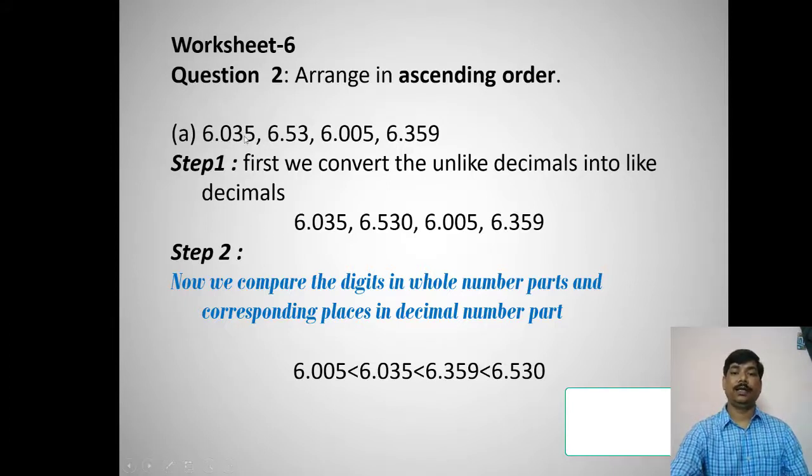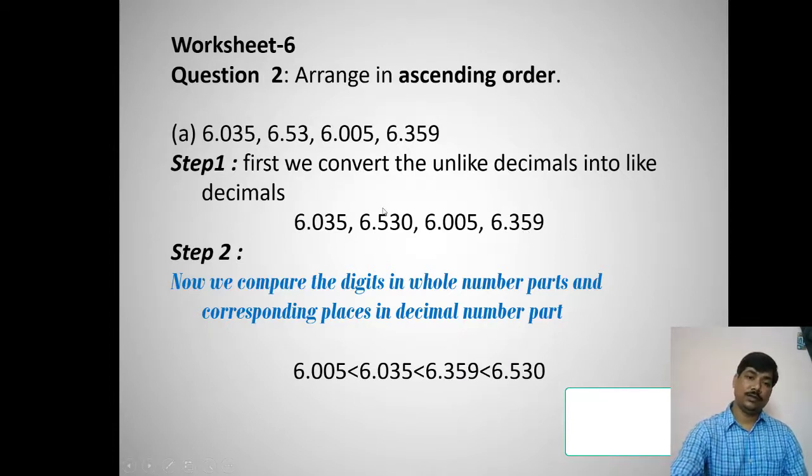First we make them like decimal numbers. The maximum number of digits in the decimal part is 3. So we make the number of digits in the decimal part 3, like 6.035, and this number will be 6.530, with a zero added. This number is already written with 3 digits in the decimal part.